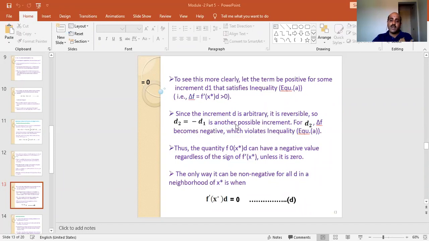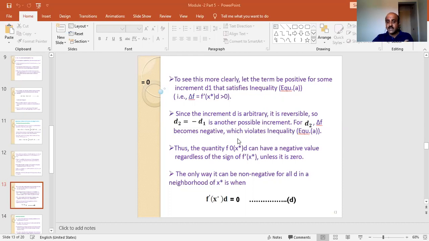Initially we have taken d1 as positive, and hence everything has become greater than 0. Now if d becomes negative, we represent it in the form of d2, which is equal to minus d1. For d2, delta f becomes negative, which violates the inequality in equation A.